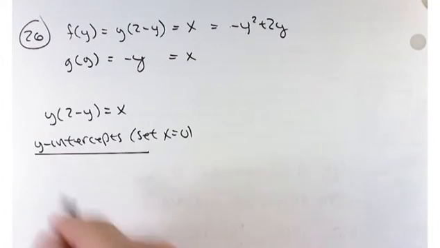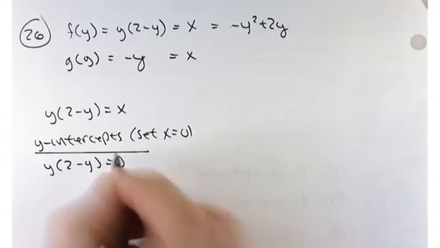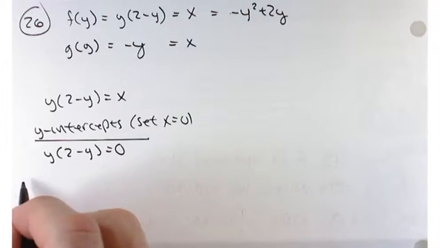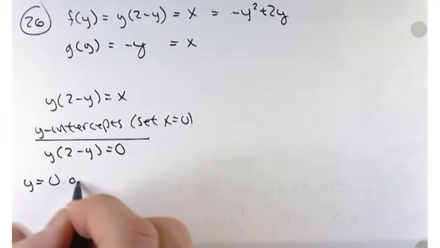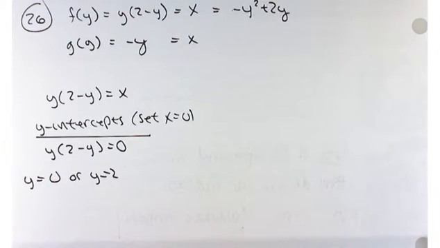If I set x equals 0, y times 2 minus y equals 0. Well, can you read off the possibilities here? So that's where this graph is going to cross the y-axis. We also know something else about this.